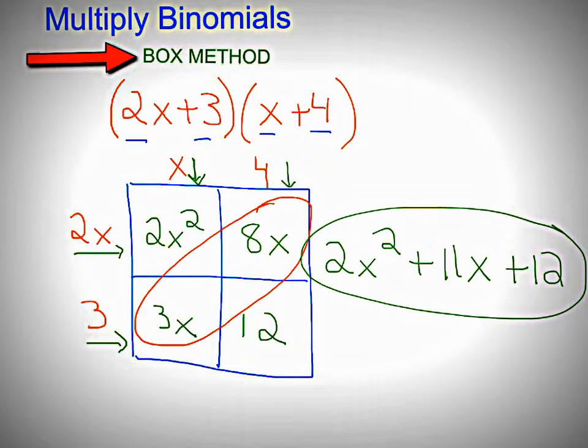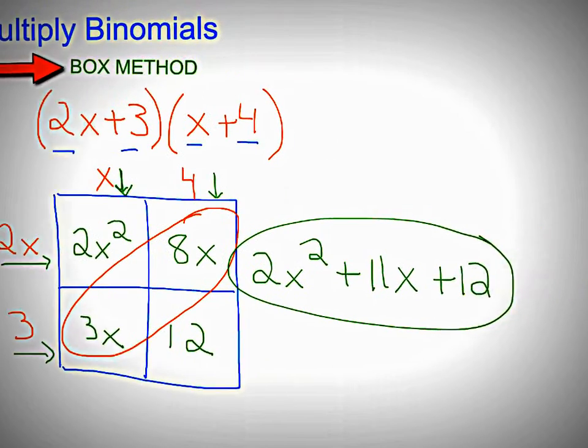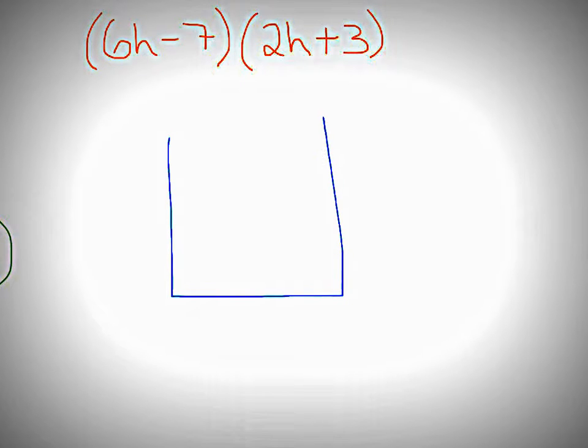Alright, so now I'm going to give you one question to try on your own using the box method, and then I will teach you the FOIL method. So our two binomials, 6h minus 7 times 2h plus 3, going to create my 2 by 2 box.